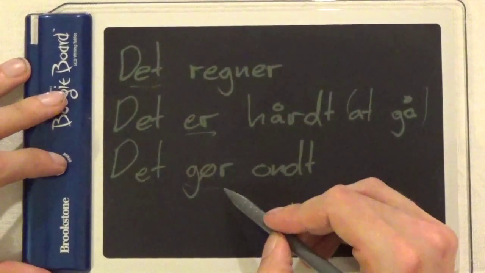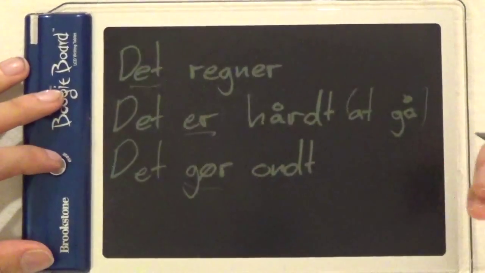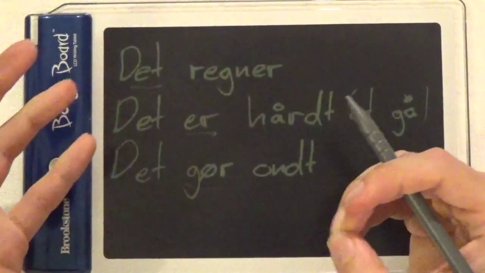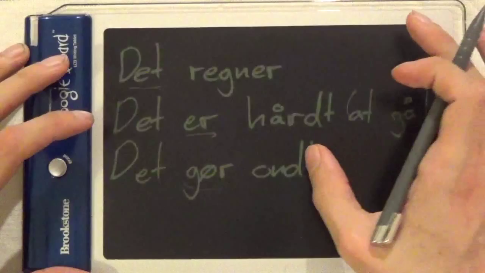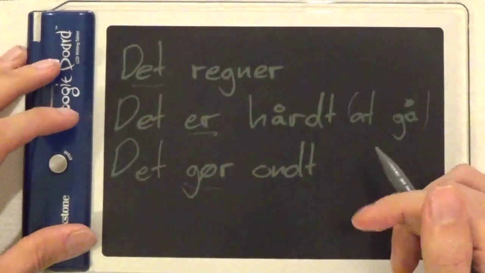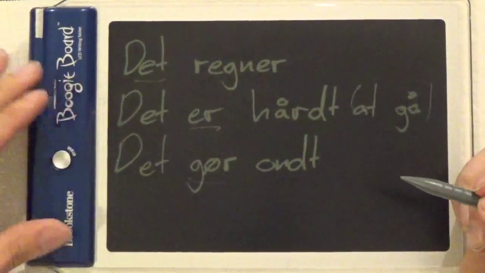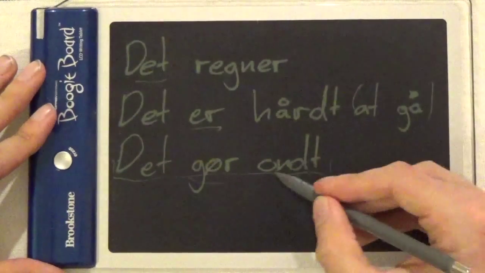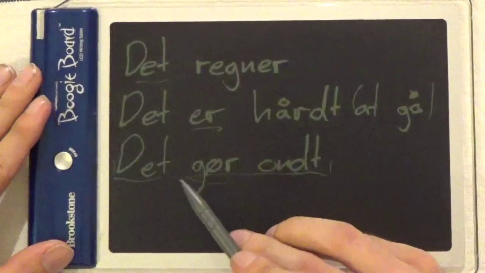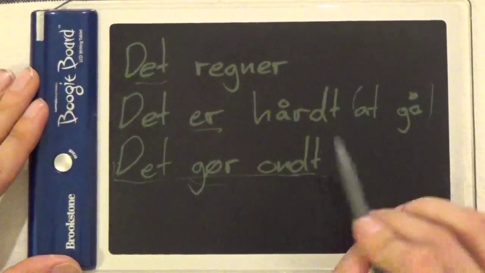Gør is a verb. At gøre, jeg gør. It means to do, or to perform something. Whereas ond here is an adjective. Without the T, it would mean bad or evil or malicious. But this phrase in itself is so common that you also associate this with pain. Det gør ondt means it's painful.